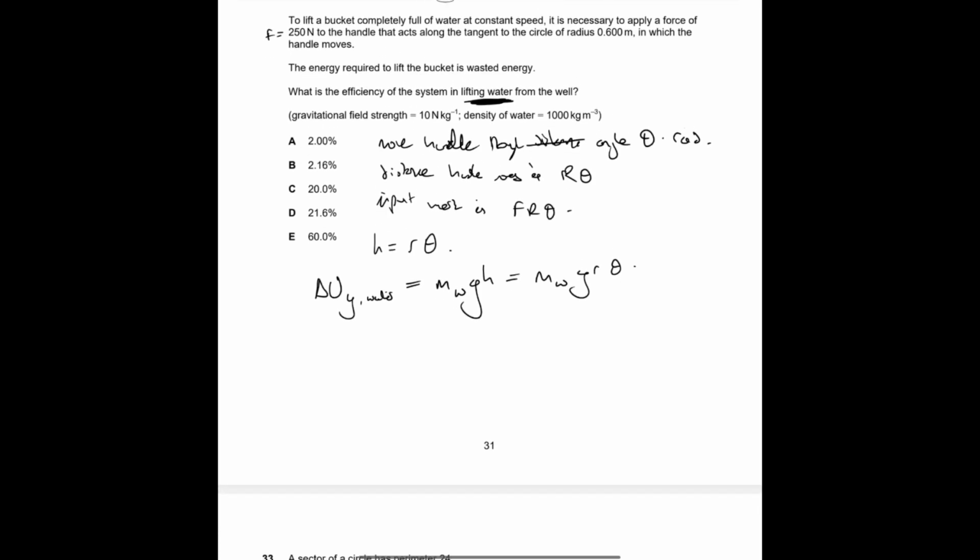So that's the useful energy output. So the efficiency is going to be the useful energy output, which is delta U_G, m_w g r theta, over the input work, which is F R theta. So we can cancel the thetas.